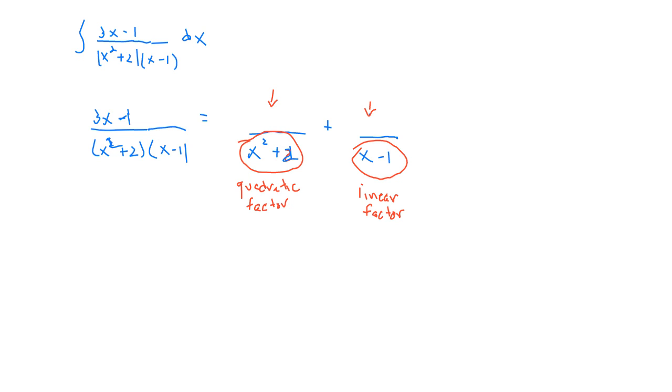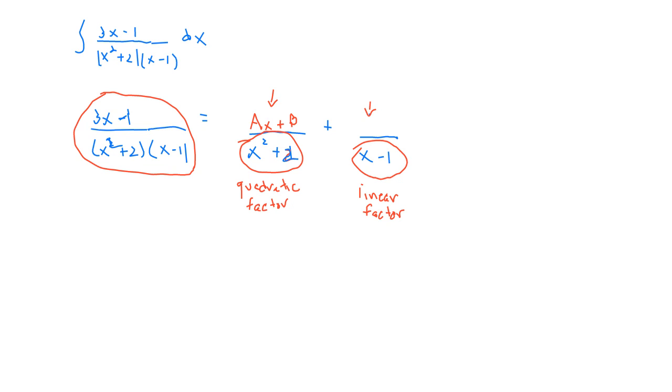Now, for quadratic factors, we're not going to put constants above a quadratic factor. What we are going to put is a linear factor above: A times x plus b. Whenever you have a quadratic factor in the partial fraction expansion, above it we put a linear factor, a times x plus b, which is 1 degree less than the quadratic factor.